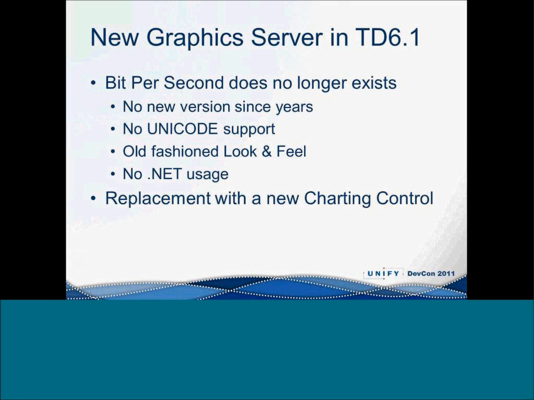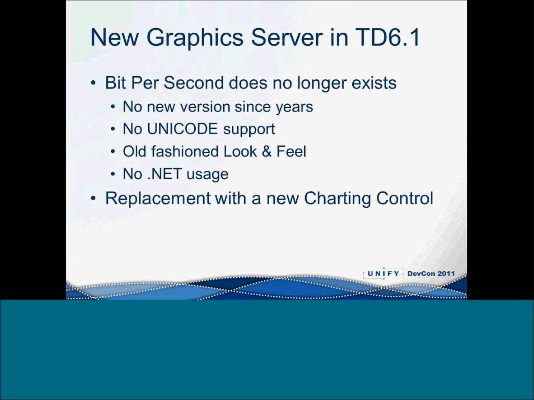So this was one of the reasons why we replaced the charting control, and we want to have full control over this control. That means it should work in both platform and build targets. And it was old-fashioned and had a very old look and feel. So we were looking for something brand new. And of course, the Bits Per Second version of this graphics server didn't use .NET, so it was not possible to compile the application to .NET.